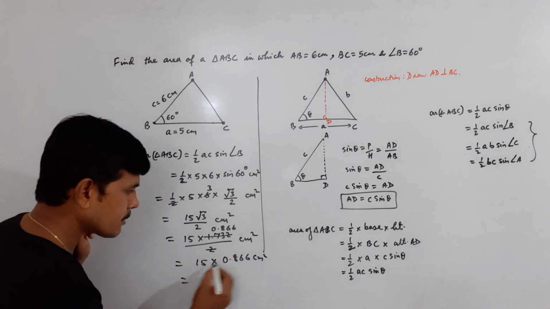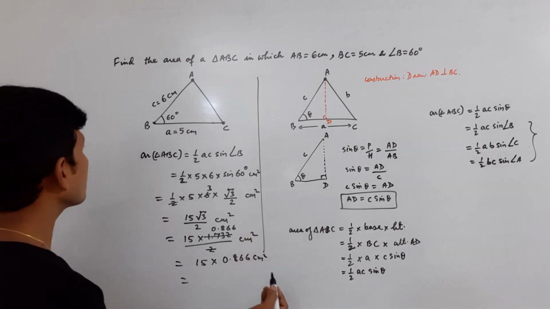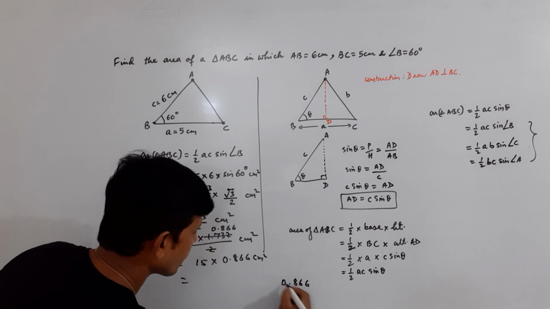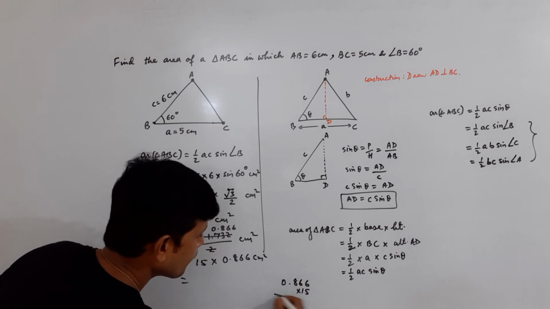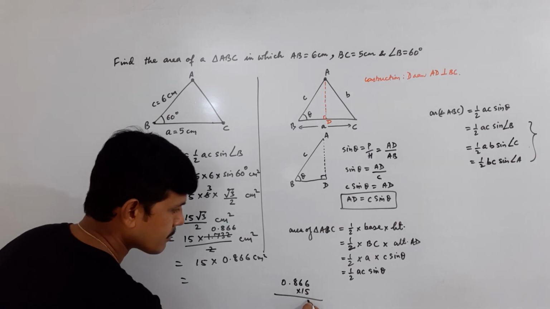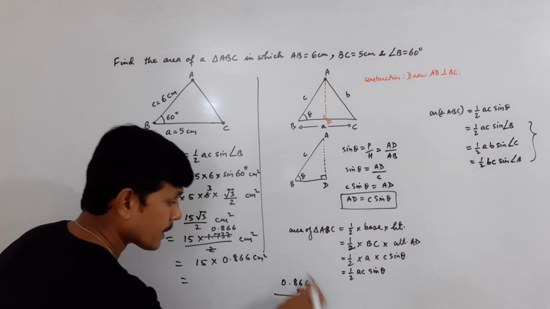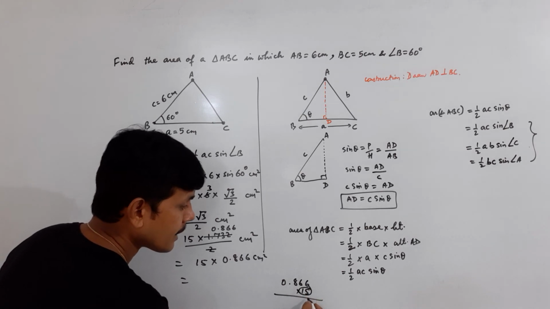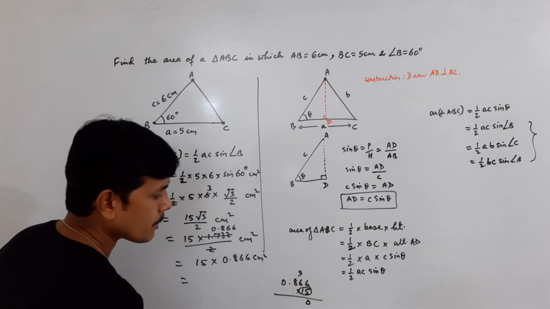Let us multiply it. Don't make any mistake while multiplying. 15 times 6 are 90. Bring 9 over here.